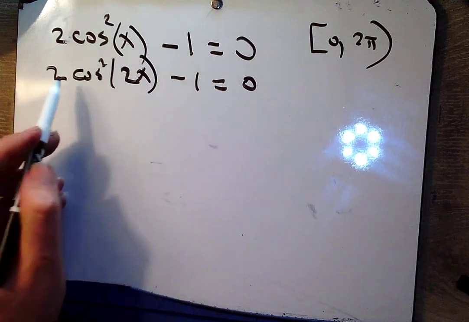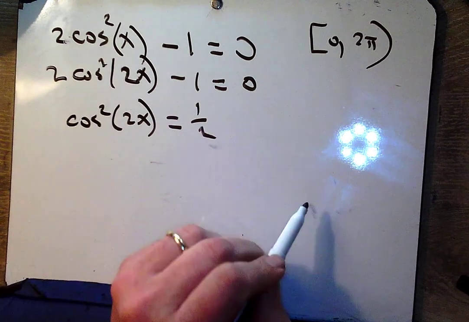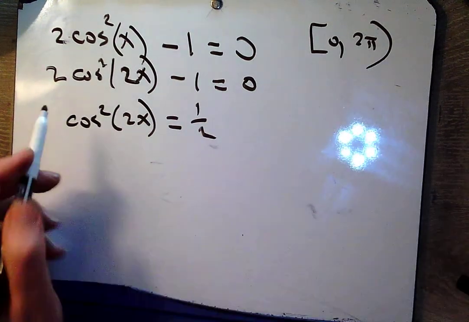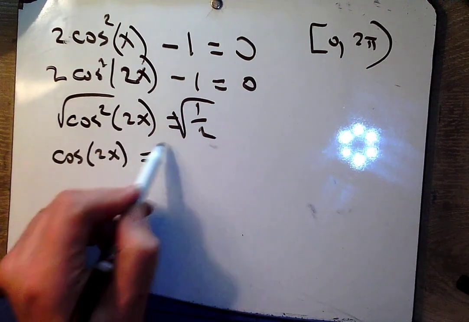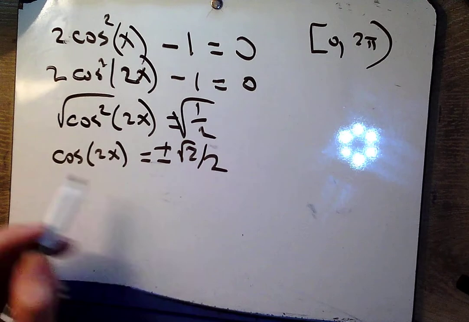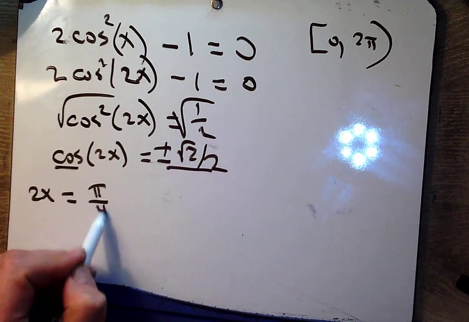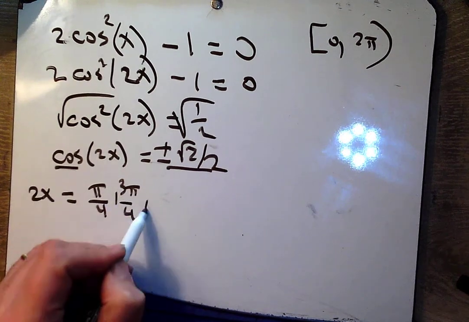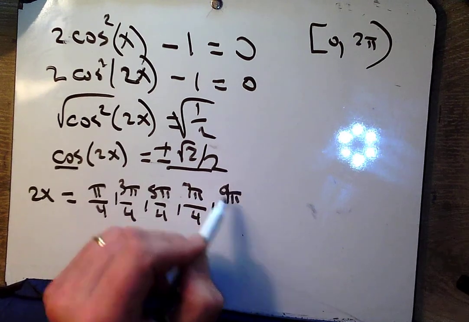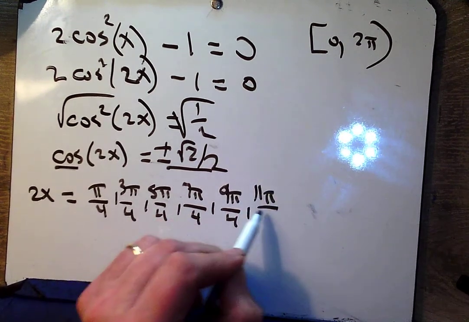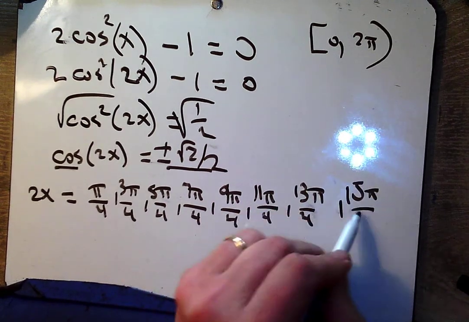Okay, so we're going to have cosine squared 2x equals 1/2, and we're on 0 to 2 pi, so let's think about that. We've got cosine 2x is plus or minus root 2 over 2. When does cosine equal that? That happens at pi over 4, 3 pi over 4, 5 pi over 4, 7 pi over 4, 9 pi over 4, 11 pi over 4, 13 pi over 4, and 15 pi over 4.